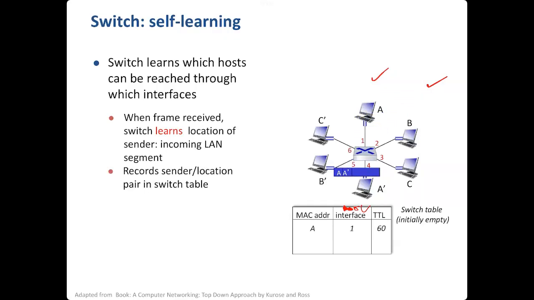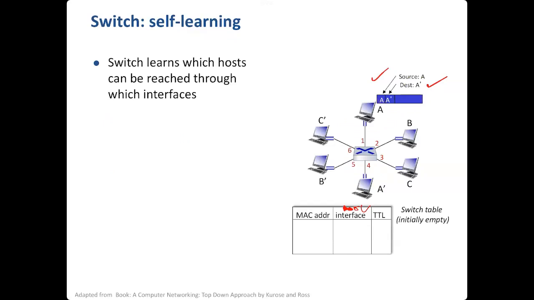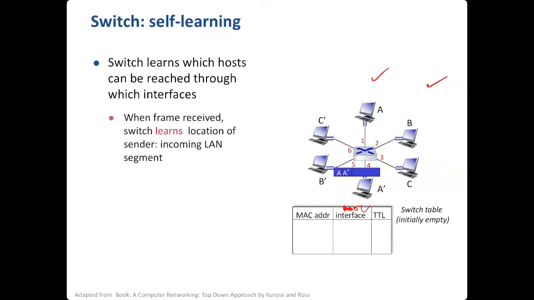So what happens is, when this switch receives this frame, it knows that this packet has come from MAC address A at interface 1.